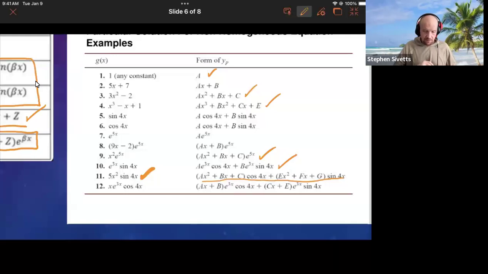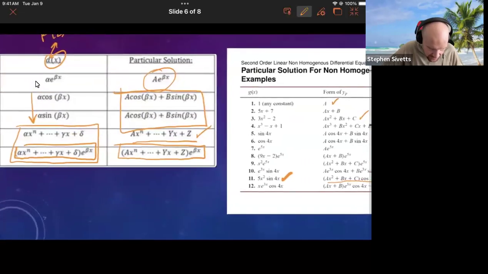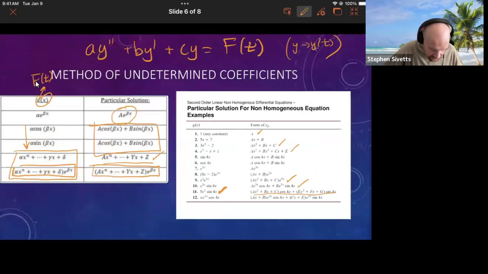So just try to read these examples very carefully to see what form you would use as your y sub p of x, okay?